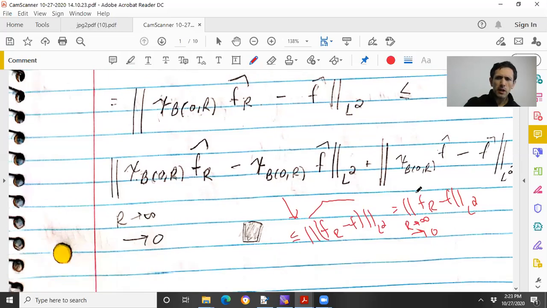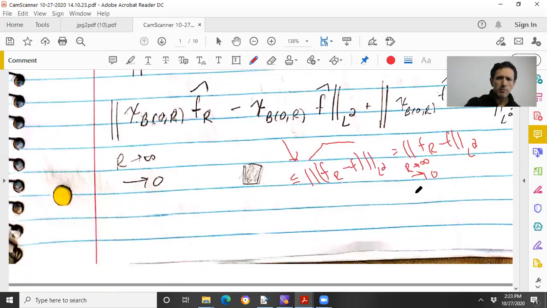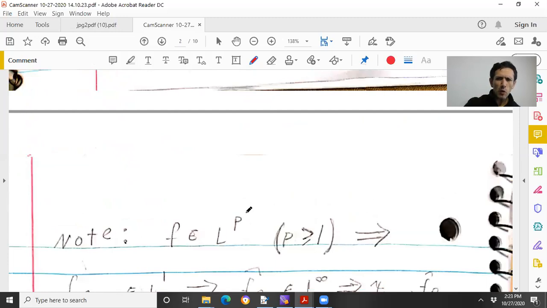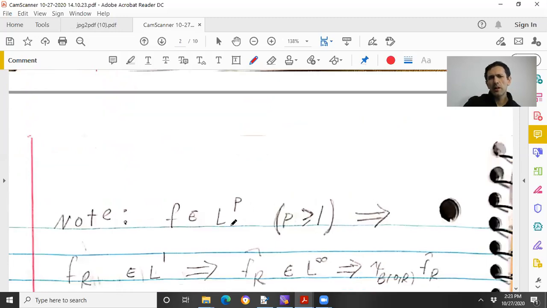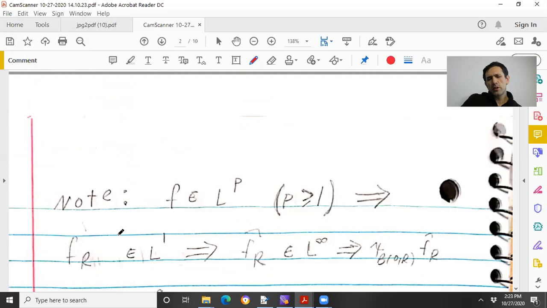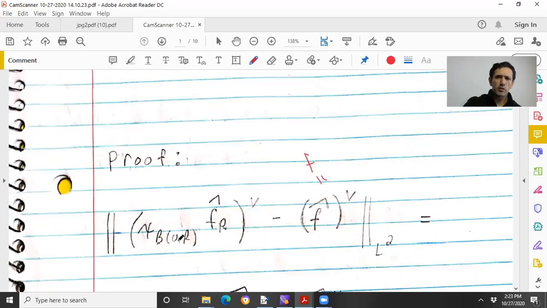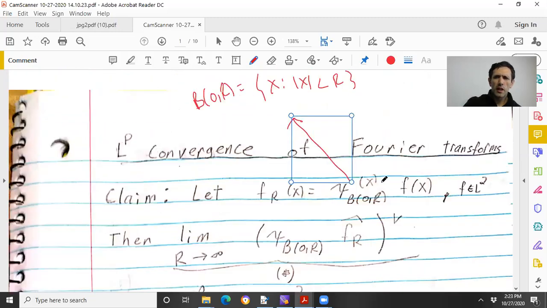All right, so the beauty of this little lemma is that, well, if f is in LP, then by Holder's inequality, f_r is in L1. Just use Holder's inequality here: the LP norm of f times the LP prime norm of this characteristic function, which is finite.